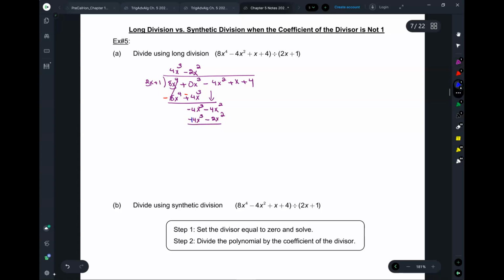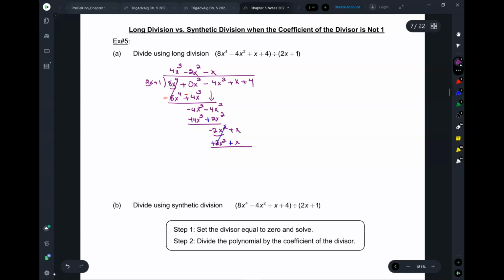Change the signs. I get negative 2x squared plus x. Okay, it's this divided by the first term. Negative 2x squared over 2x, negative x. Multiply. Change the signs and add.